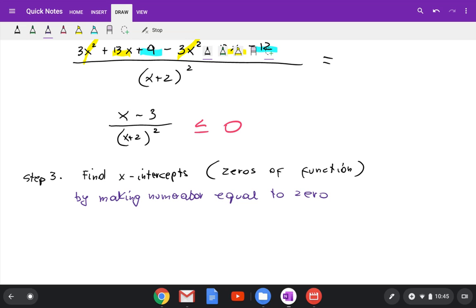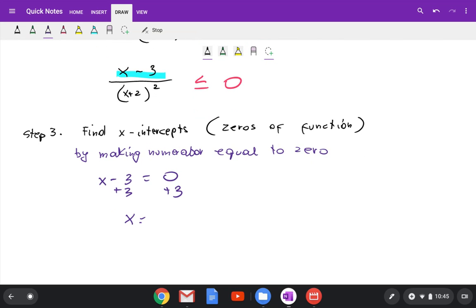So step 3, find x-intercepts. We have our numerator, it's x minus 3. So we have x minus 3, make it equal 0. We're getting that x is equal to 3.